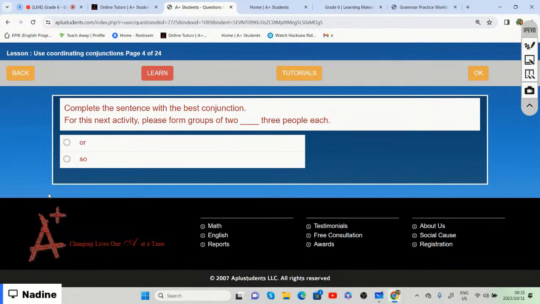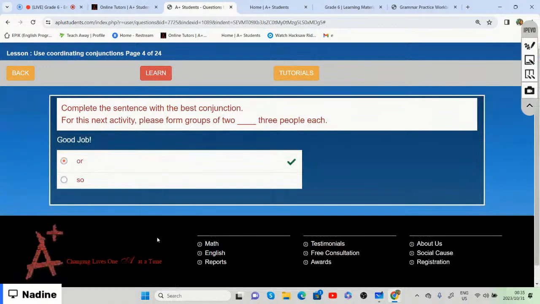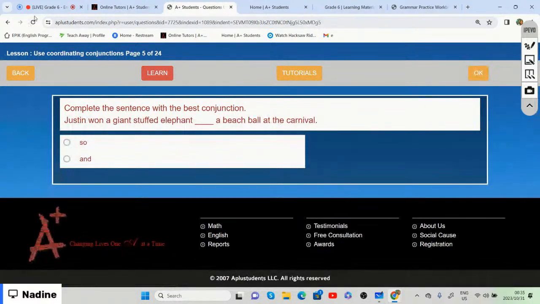All right, so we can say for this next activity, please form groups of two or three people each.